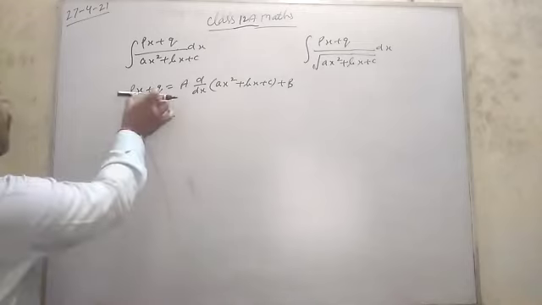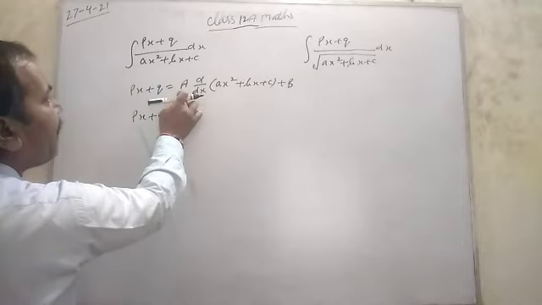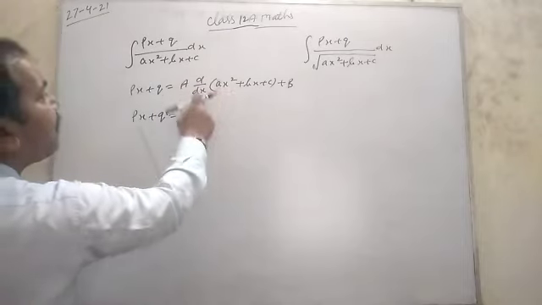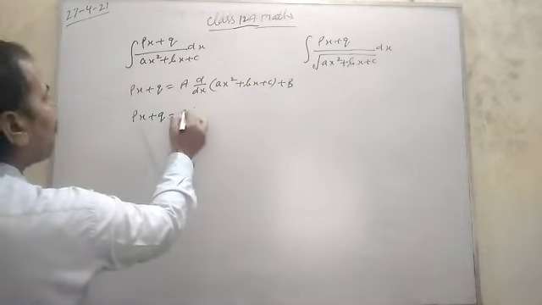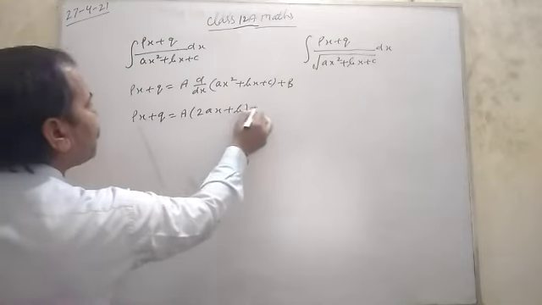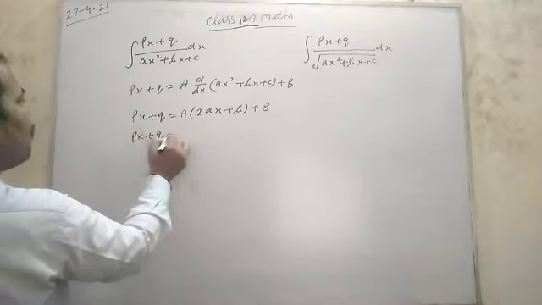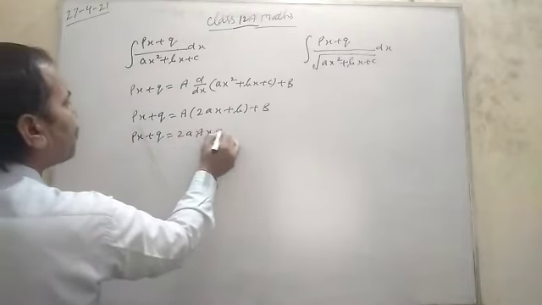In place of px plus q we put A times the differentiation of this plus B. The differentiation of this will be 2ax plus b, plus B.